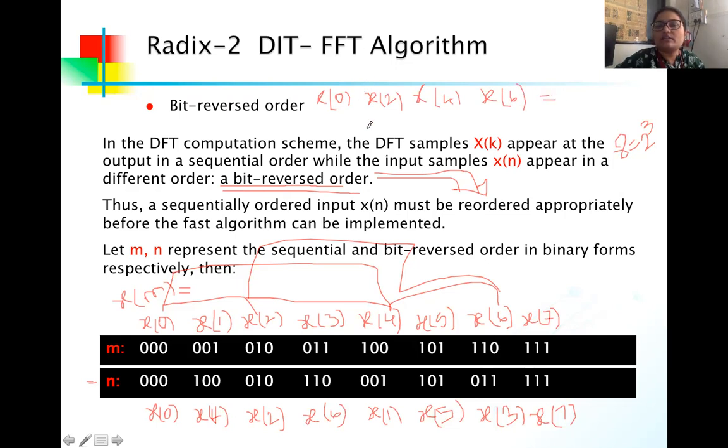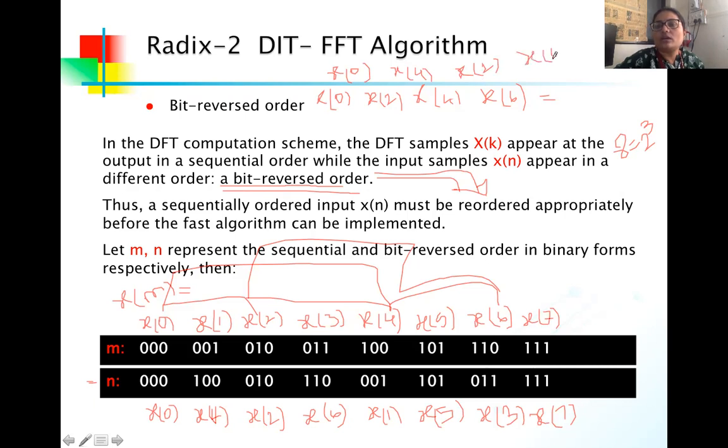In the second division, again I am going to divide this sequence into even and odd. From this, the even numbers are x0 and x4, and the odd numbers from this sequence are x2 and x6.